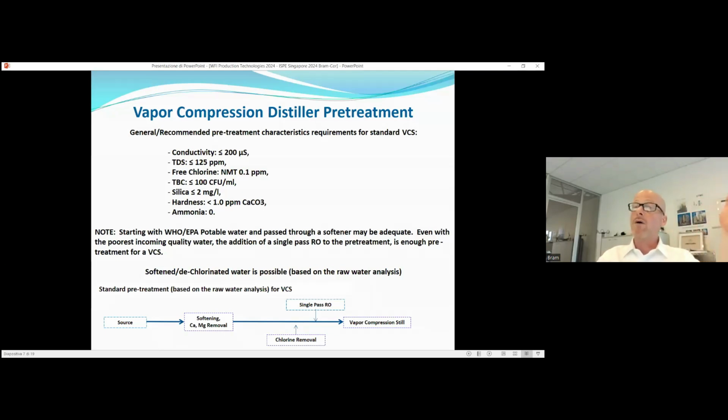Clearly, it depends always on the characteristic of the raw water from the municipality. We, in any case, recommend always to add at least one single pass of reverse osmosis, even industrial type, because it's a pretreatment, in order to be safe, especially in the areas of the world in which the fluctuation of the raw water quality, the municipality water quality during the seasons is quite high.